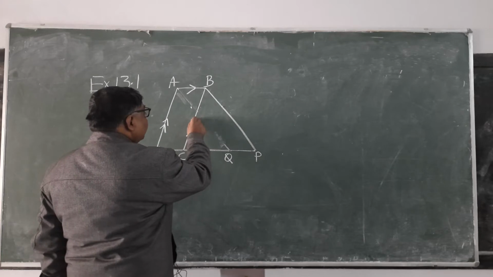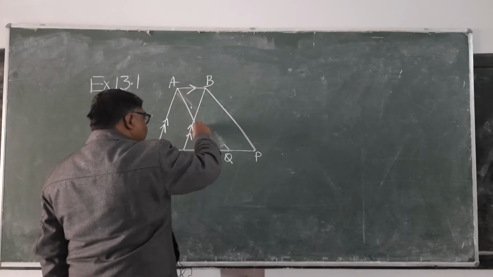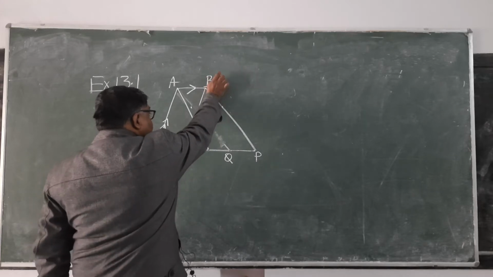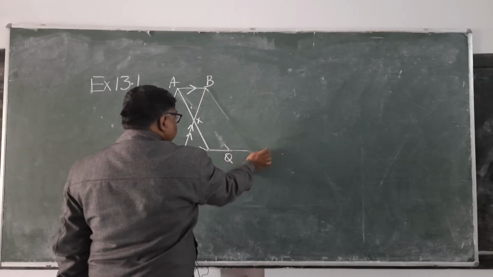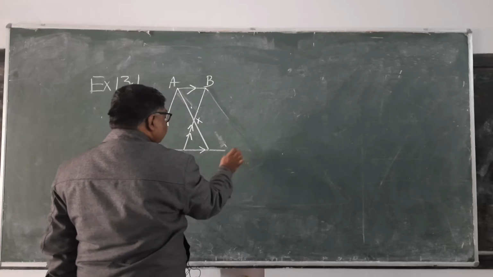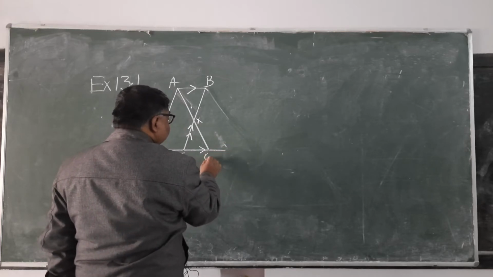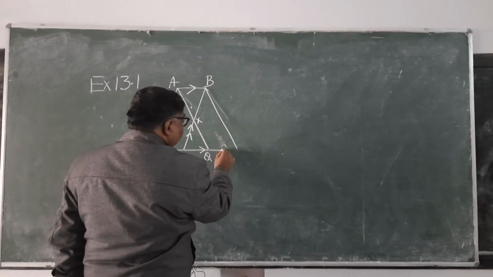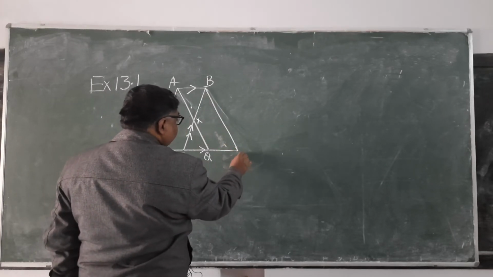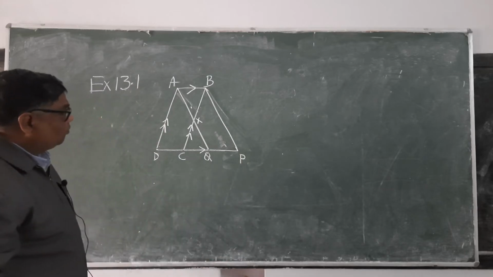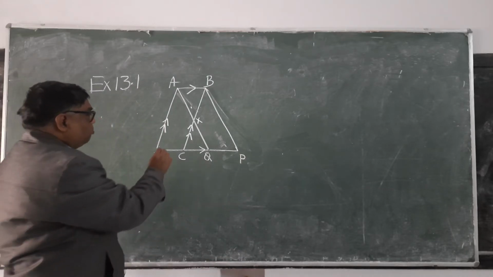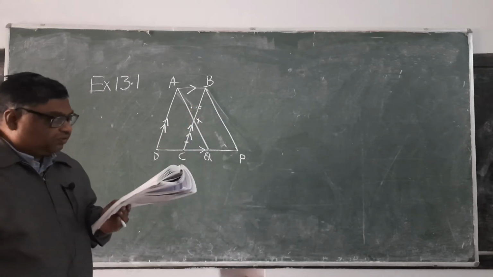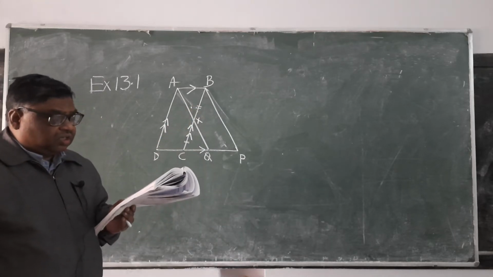Here this will be the midpoint and this is X. This is Q, and this P. Now the figure is correct. X is the midpoint of BC, means this will be equal to this. It's clear, this is given.